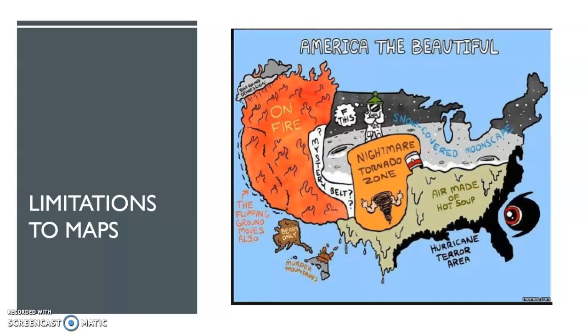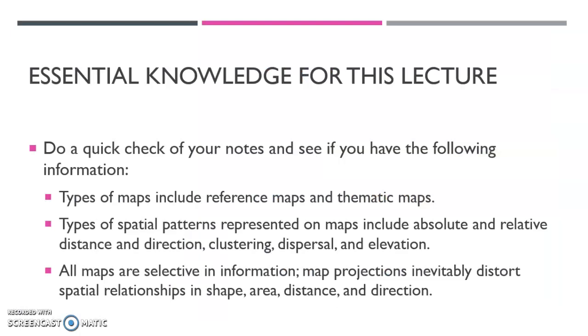So just some things to keep in mind as we're talking about and thinking about those limitations on the map and distortions and things. So essential knowledge for this lecture, and these are drawn straight from the College Board course description, so you might want to go ahead and do a quick check of your notes, see if you have the following types of information. The types of maps include reference maps and thematic maps.